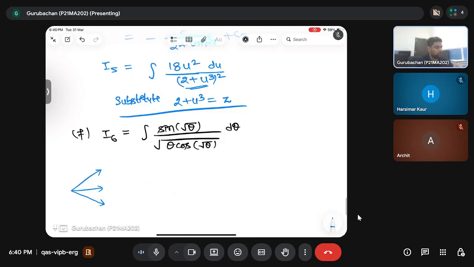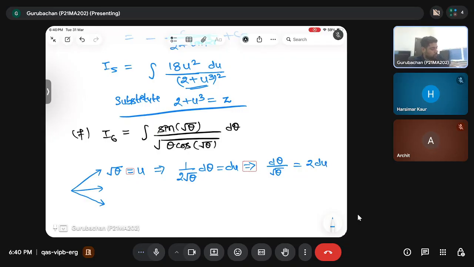What will be the substitution possible here? See, the basic and simpler substitution is to put under root theta equal to u. So this will give you 1 by 2 under root theta d theta is equal to du. This will be d theta by under root theta is equal to 2 du.